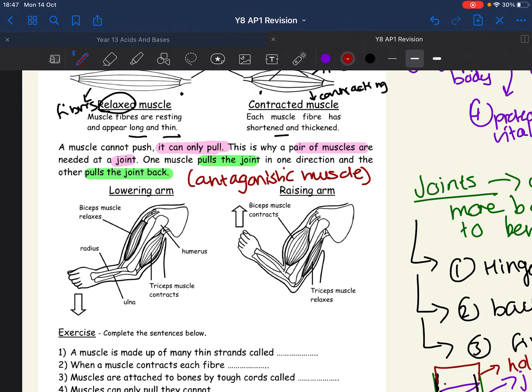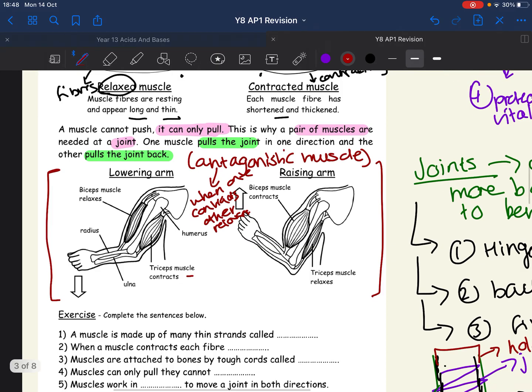This is a pair of muscles that work together. When one contracts, the other relaxes. Have a look at this diagram if you want more visual representation of that.